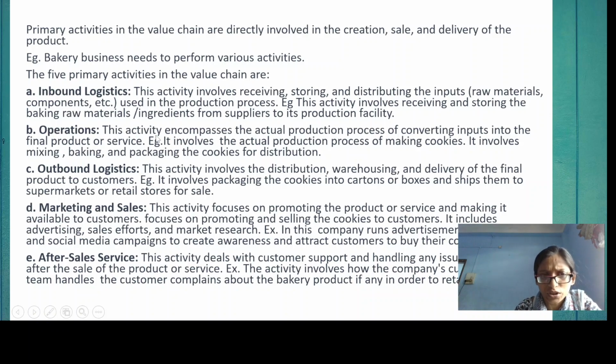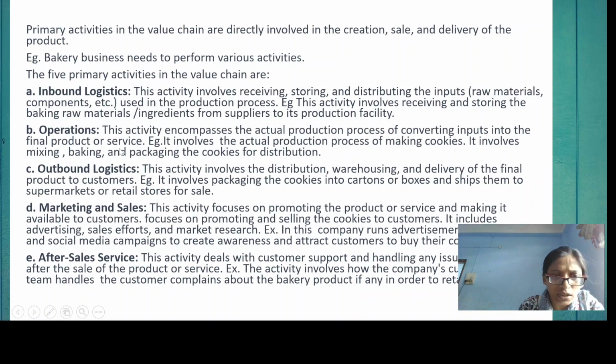So operations, this is the actual production process activity, where we are directly converting our raw materials into our final product, maybe cake or biscuit. As for example, it involves the actual production process of making cookies. It involves mixing, baking, and packaging the cookies for distribution.